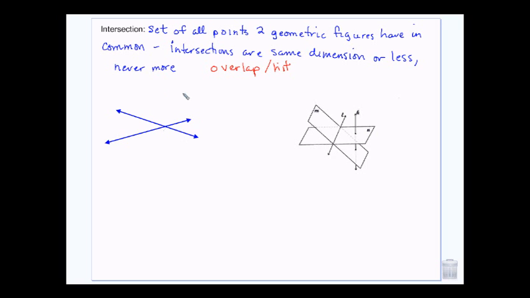So if I have two lines that intersect, this is the intersection and it is a point. Right there. Two lines can intersect at a point or a line.